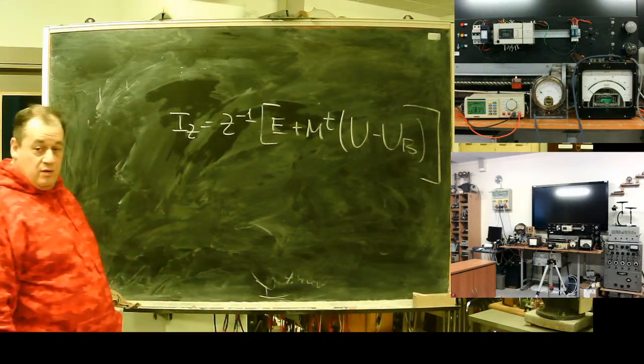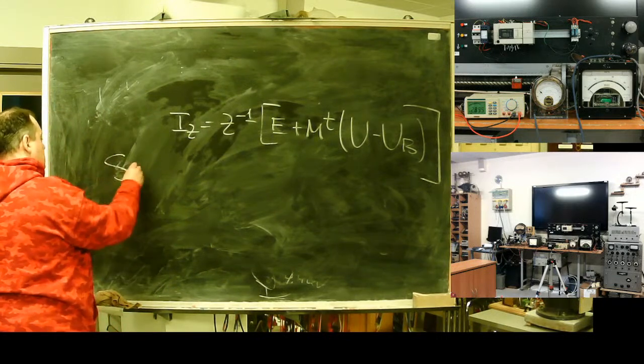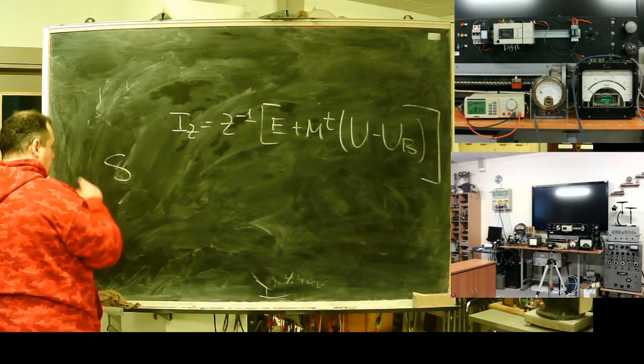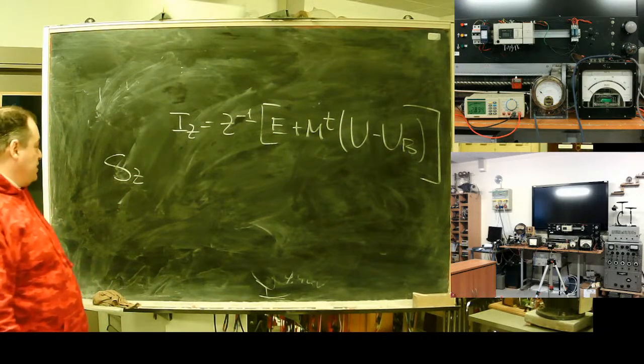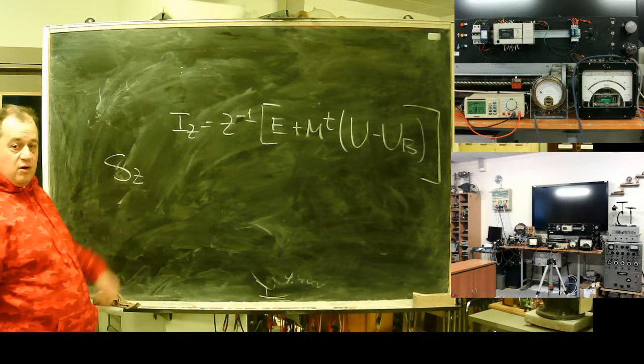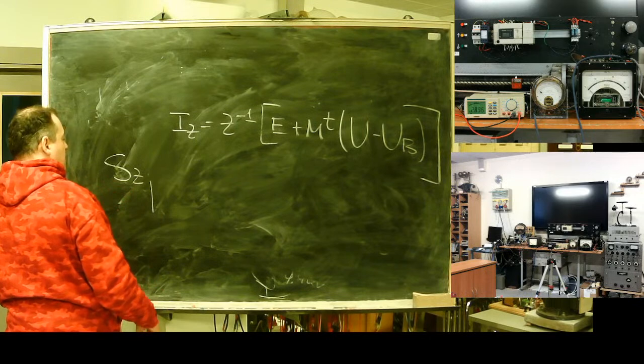Power transferred by branch. So for this, the vector of branch flow is formed in this way.